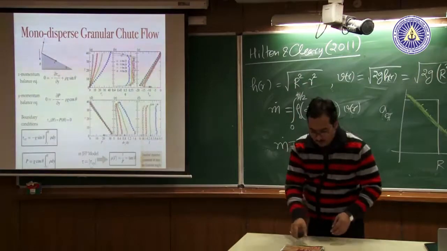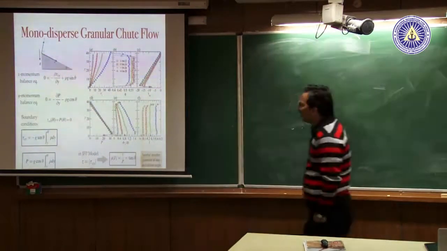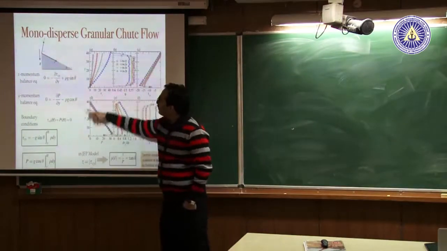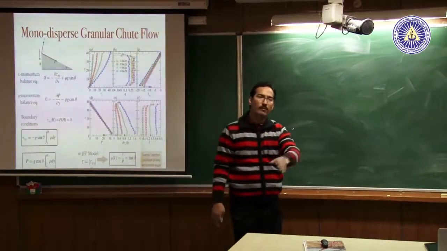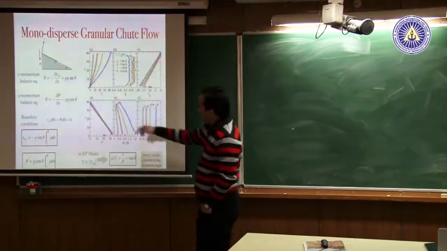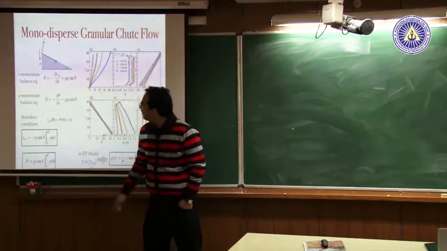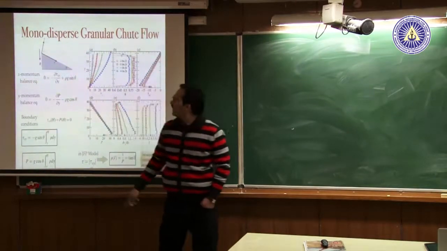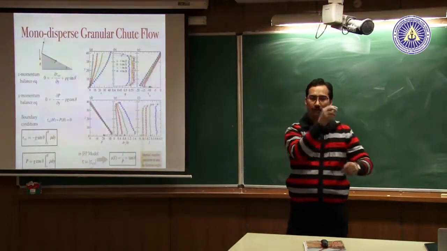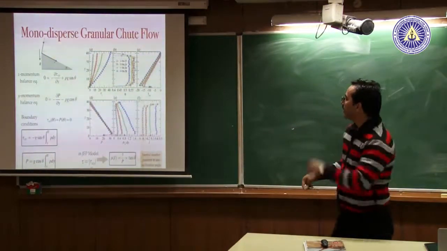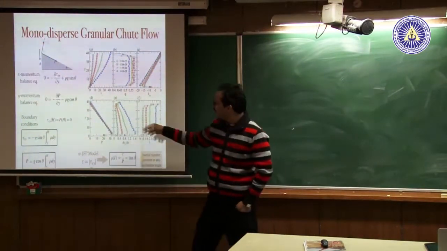Let me just use the board so that I can make more sense of what I am showing here. If you write the momentum balance equation on an inclined plane, for a steady fully developed flow with a constant bulk density assumption, the x momentum balance reduces to the shear stress turning out to be the component of the weight of the layer in the flowing direction, and the pressure being the component of the weight in the y direction.